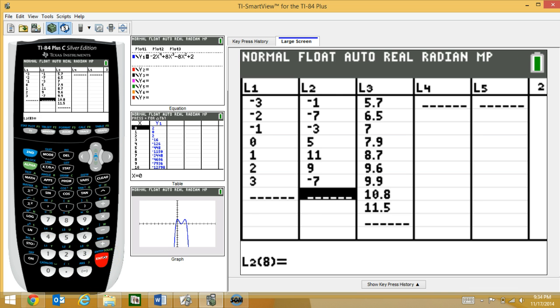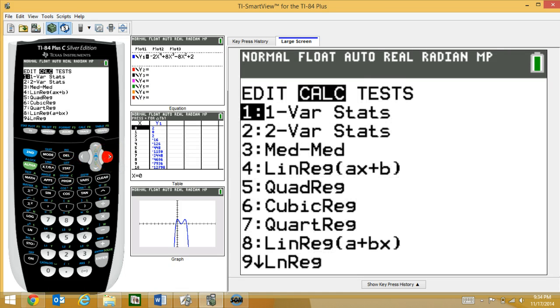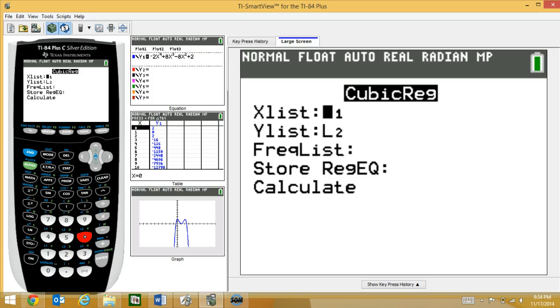So again, since our third set of differences were constant, we're going to run cubic regression for a third-degree polynomial. So we're going to go to Stat, right arrow to the regression menu, and to calculate, and cubic regression is number 6. So we want to do it to list 1, list 2. Since we're not making any predictions, we don't have to worry about storing the equation anywhere.